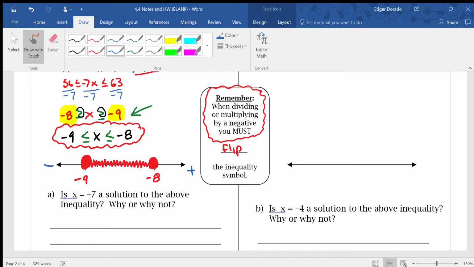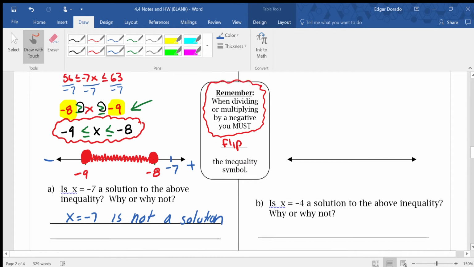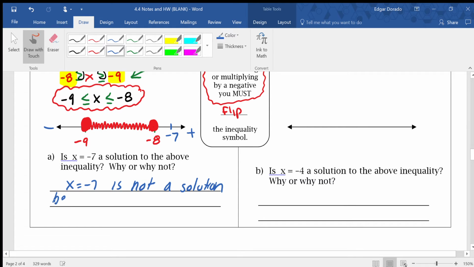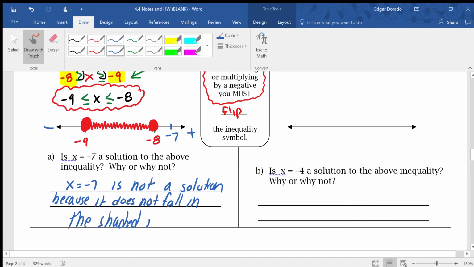Well, yeah, -7 is more positive than -8, so it actually falls over here. Is that within the shaded region? No, it's not. So, x equals -7 is not a solution to the above inequality because it does not fall in the shaded region. Okay?